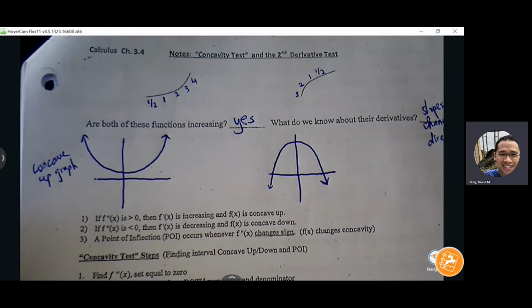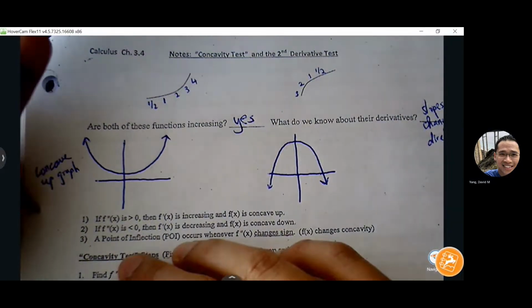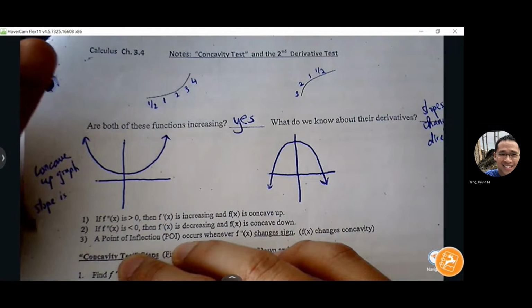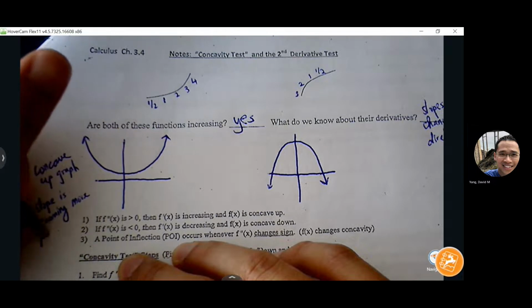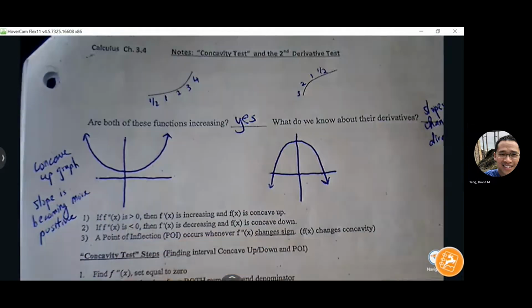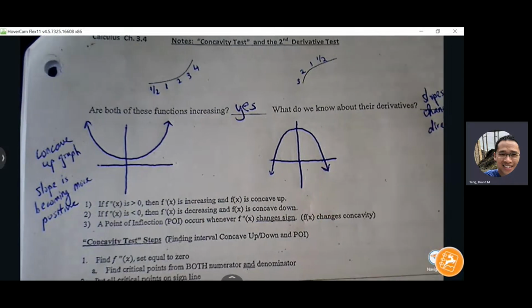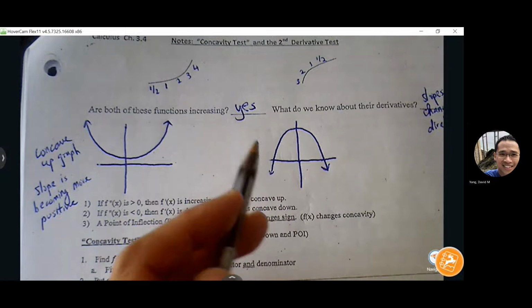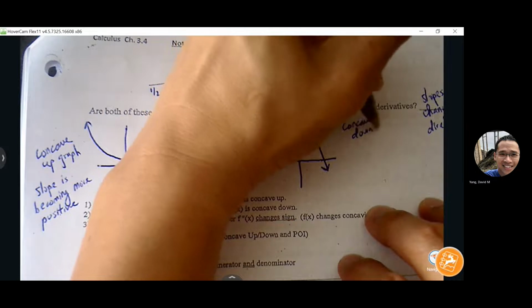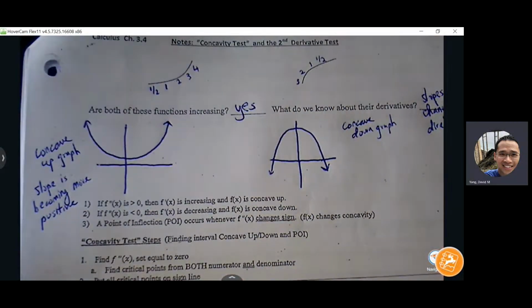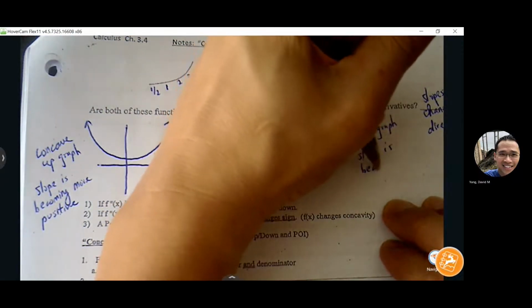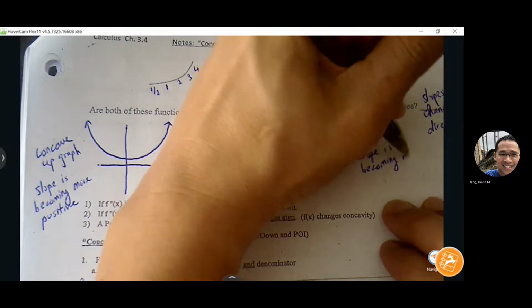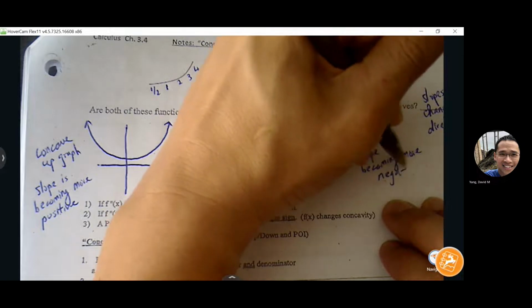This is where the slope is becoming more positive. I'll talk a little bit about what that means in a second. Let me fill out this side here. This is called a concave down graph, and this is where the slope is becoming more negative, from left to right.